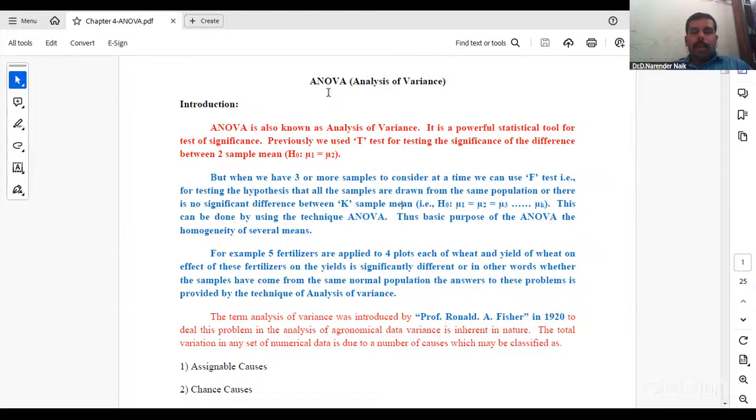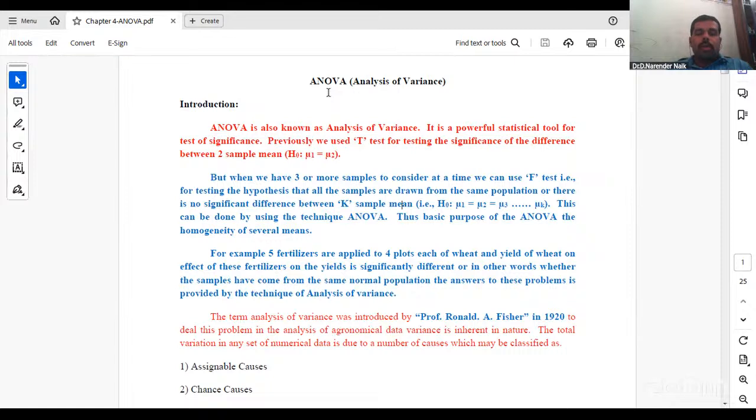Thus, the basic purpose of ANOVA is the homogeneity of several means. All the samples we are going to draw should belong to only one family. So for example, 5 fertilizers are applied to 4 plots each of wheat, and the yield of wheat is measured. Whether the effect of these fertilizers on the yield is significantly different, or in other words, whether the samples have come from the same normal population, the answer to this problem is provided by the technique of analysis of variance only.